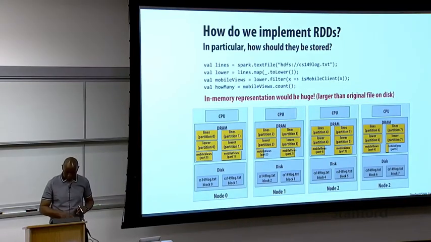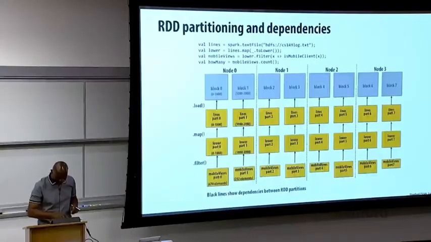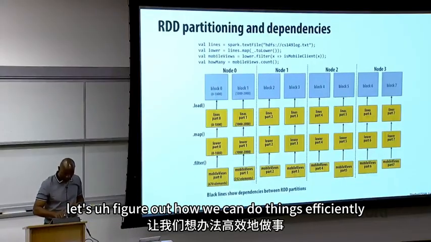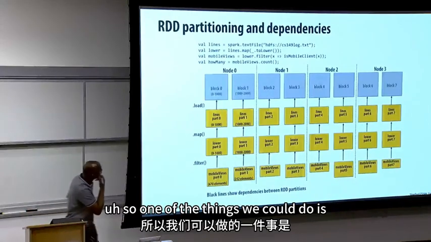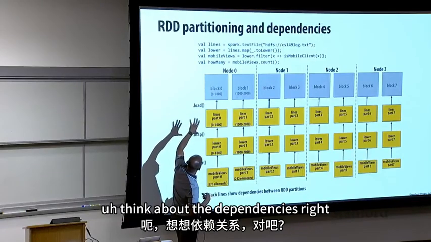Where are we? Oh, running out of time. All right, so let's figure out how we can do things efficiently. One of the things we could do is think about the dependencies.